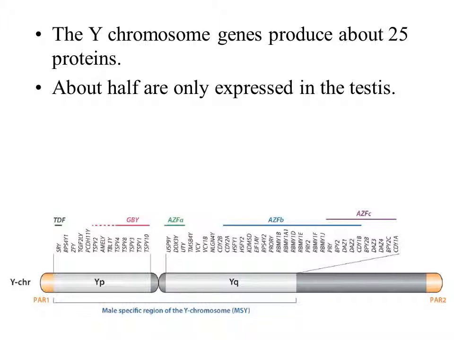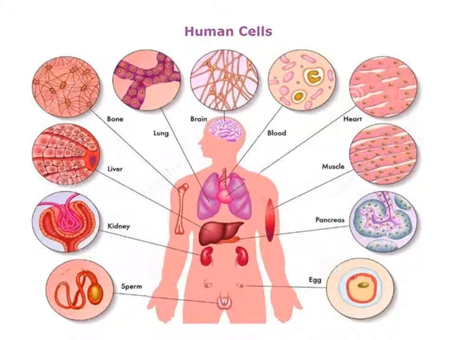So remember, you have about 10 trillion cells in your body. All cells are not going to need to express these male determining genes. Only certain cells need to produce it. So these are some of the types of cells that are in your body. Why would your brain cell need to produce these 25 male determining proteins?